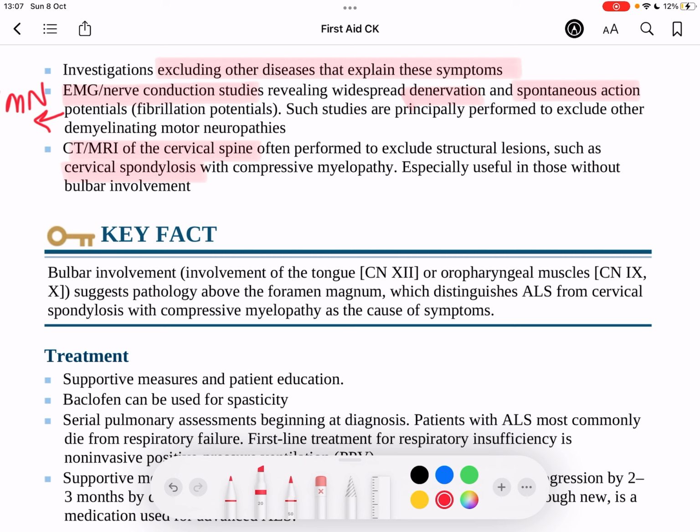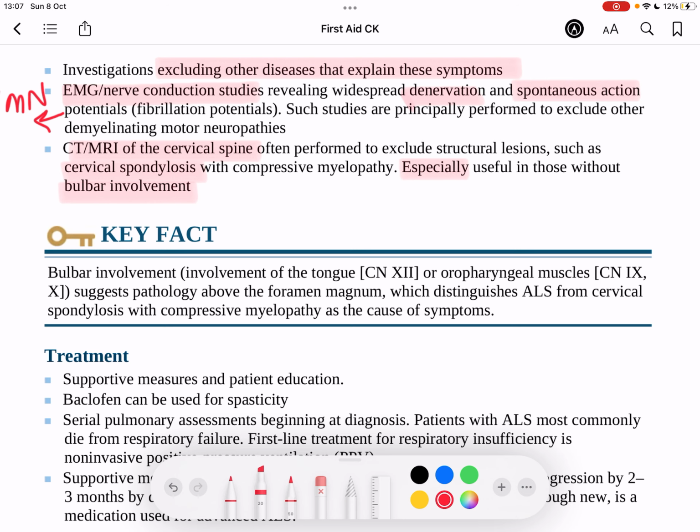So if you see any cranial nerve signs, that points towards ALS. But doing a CT and MRI is especially helpful in those who don't have bulbar involvement, because I can't tell so easily whether it's cervical spondylosis, which wouldn't have cranial nerve symptoms, or ALS, which would normally have them. So if the ALS doesn't have those bulbar symptoms, a CT and MRI of the cervical spine is very helpful.